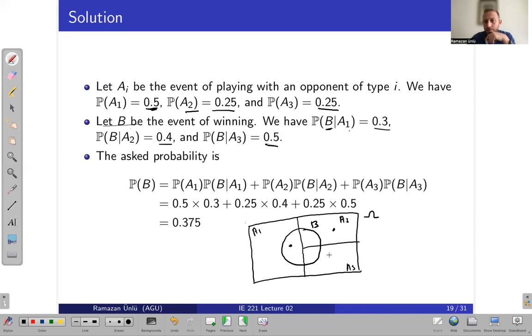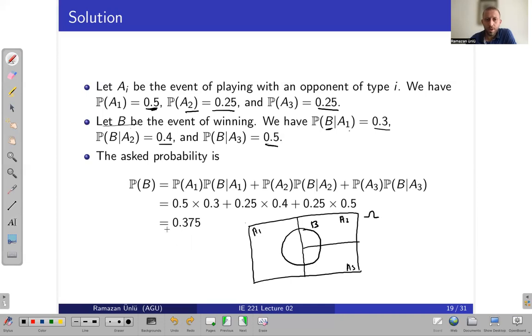If I choose this one, the opponent will be type 3, and I will not win. But if I choose from this one, the opponent will be type 3, and I will win the game. So this is the logic behind the total probability theorem.